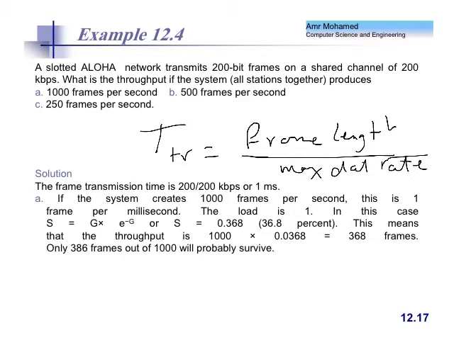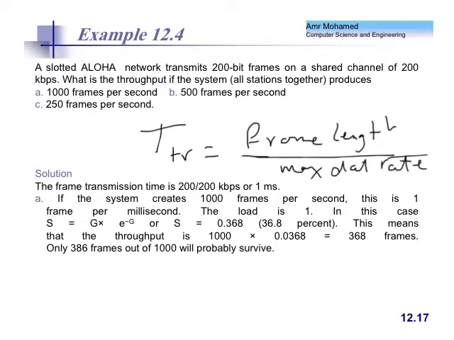So if a system sends 1,000 frames per second, meaning collectively, all the nodes send 1,000 frames per second, and we know that each frame is 200 bits, this means that we have 200 kilobits per second collectively from all the stations.